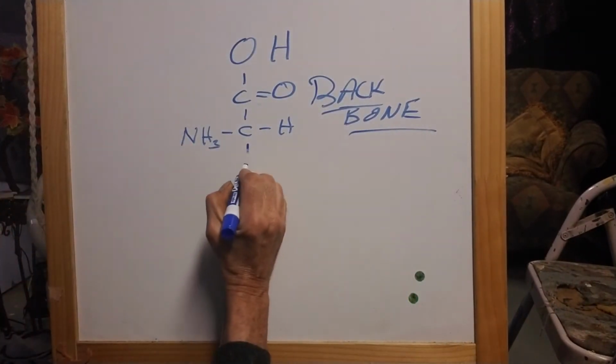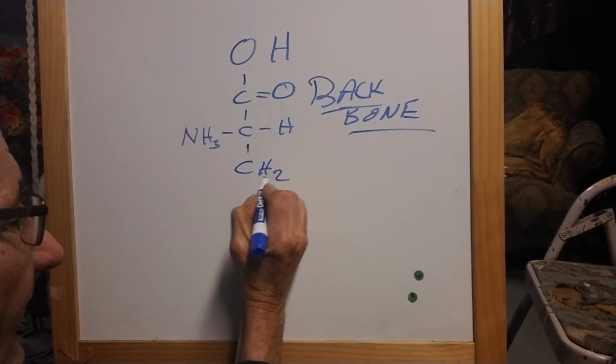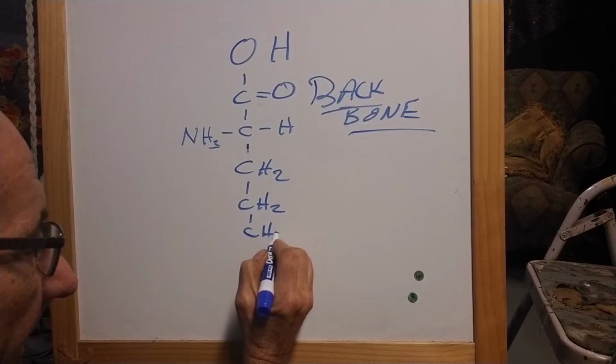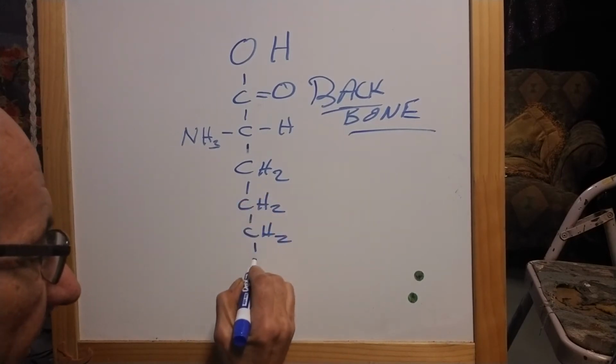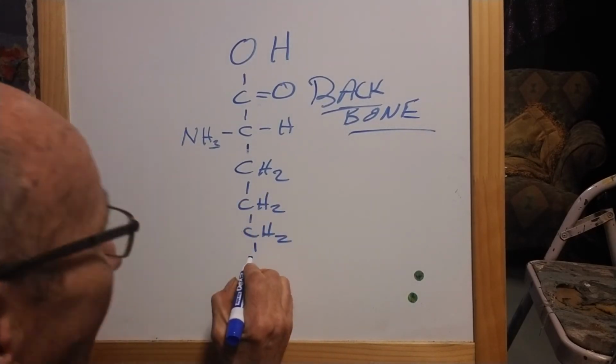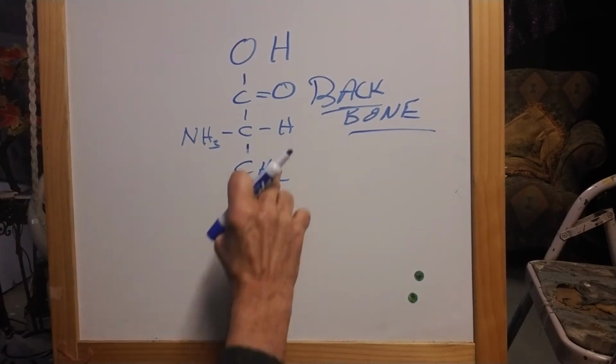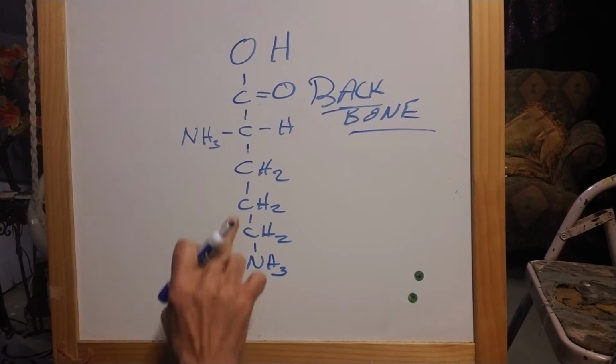Oh, well then, I didn't have to do that. They had 4, remember? This one only has 3. 1, 2, 3, then NH3. Remember the one I just did had 4 of the CH2s.